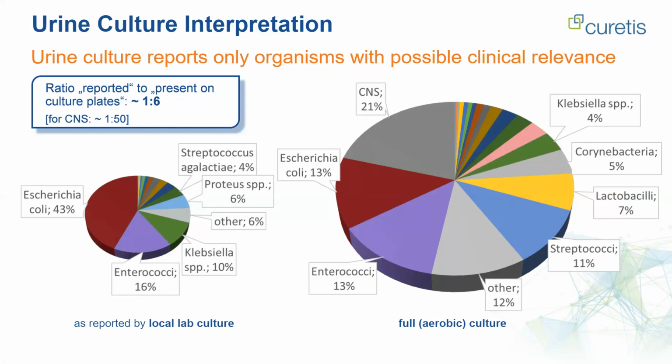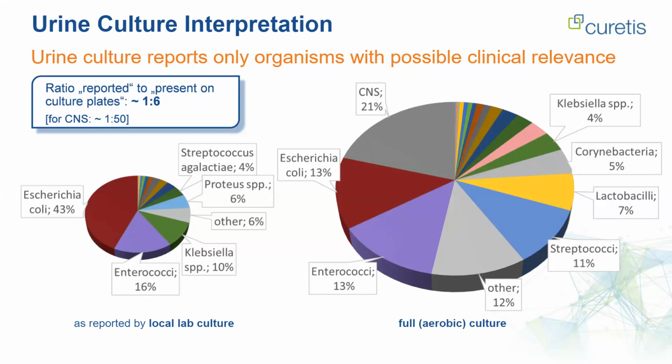If so, the ratio would even be worse. So in conclusion, standard lab culture reports only a small amount of what is actually present in the sample. And of course, this comprises also the rejected samples, all those organisms reported as flora, but also the organisms either not predominant or not considered relevant.